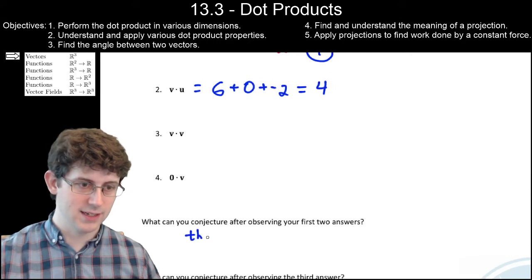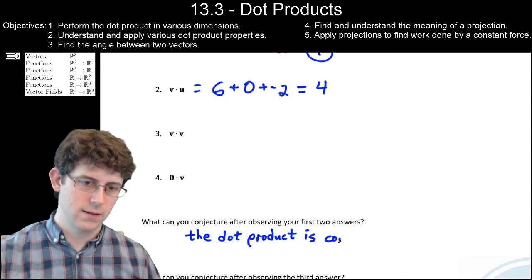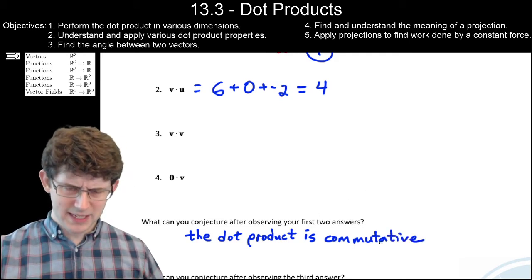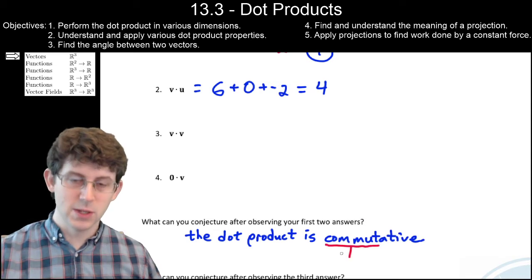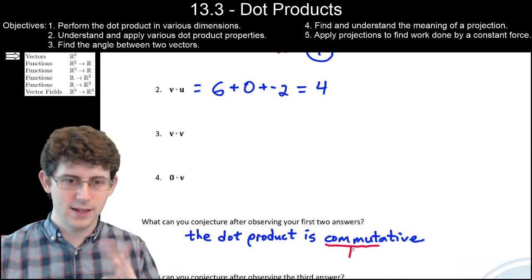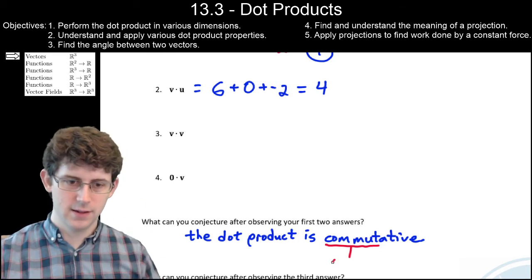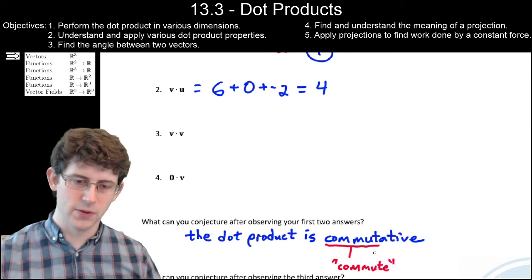The dot product is commutative. Are you familiar with this word, the commutative property? It comes from a commute, where you go back and forth. And so the commutative property is flipping things back and forth. Two things commute if they go both directions.